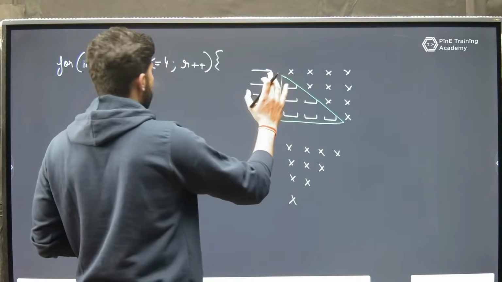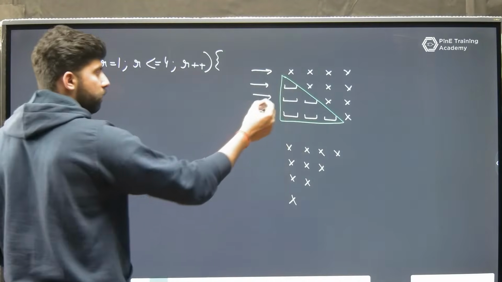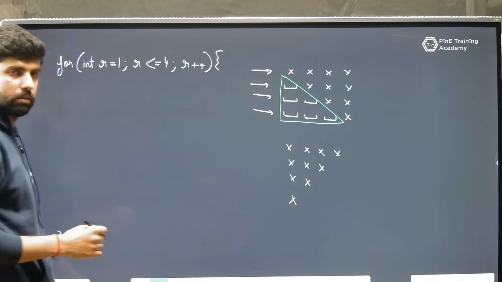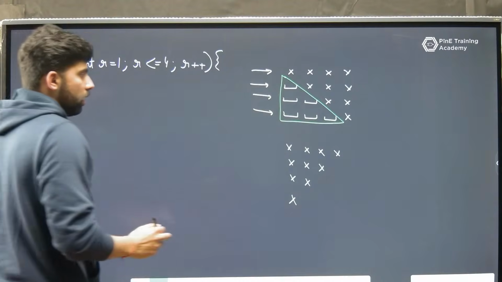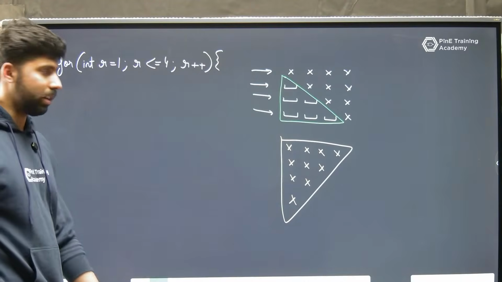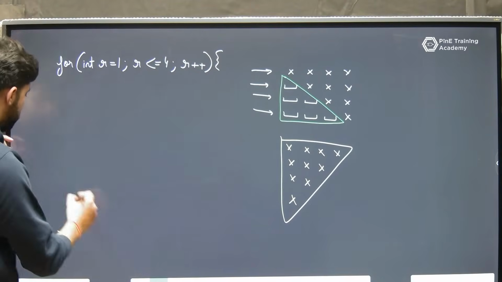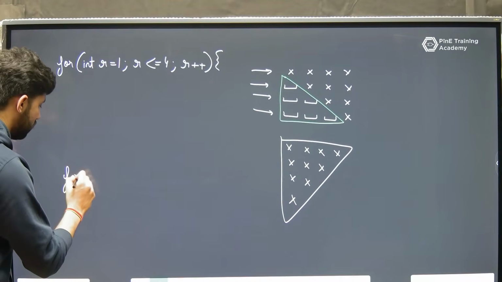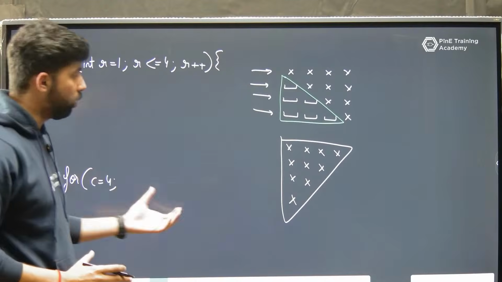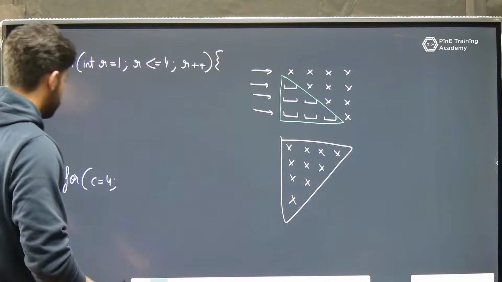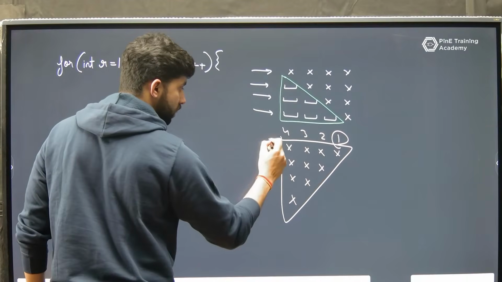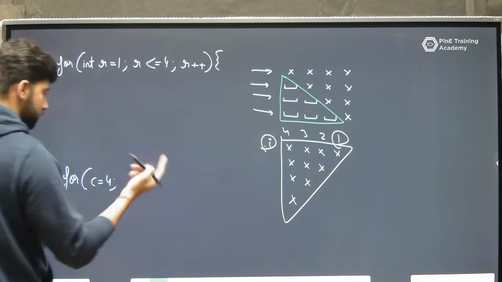As I said, before the patterns, we need to print the space. Okay, but we know how to write the code for this pattern. So let's just cover that part. So for c equals to 4, I'm writing the exact same loop which we wrote for this. So 4, 3, 2, 1, this one number matched with row number. That was the logic.